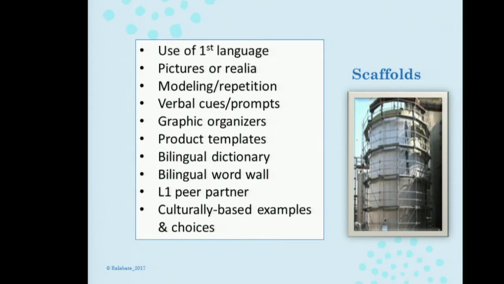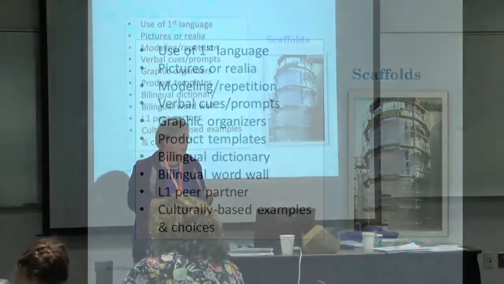But if you have a common second language in your classroom, making it bilingual, particularly at the middle school and high school level, where those students might actually have some literacy skills in their first language, would be a great way, even if you don't put it on the wall, if you provide it on a sheet of paper or something else that would be available to them, a great way for them to scaffold their learning, and it's invisible to the rest of the classroom.